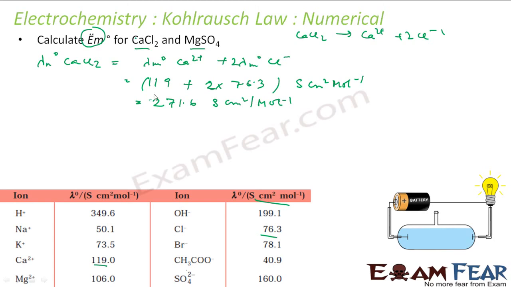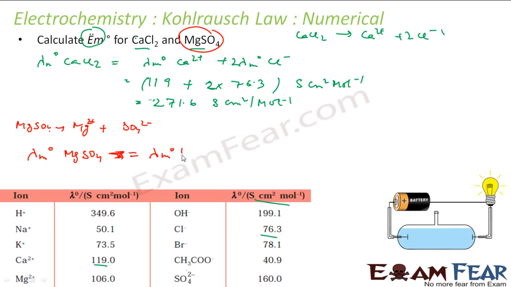Correct. Let's do the same thing for MgSO4. MgSO4 will break into Mg2+ ions plus SO4 2- ions. So to find the lambda m naught of MgSO4, as per Kohlrausch law, it will be nothing but lambda m naught of Mg2+ plus lambda m naught of SO4 2-.